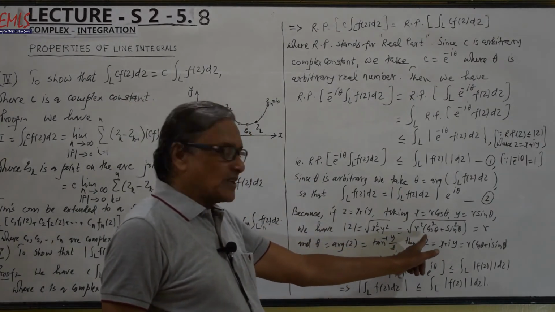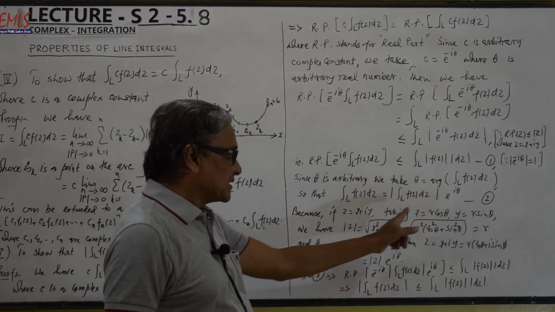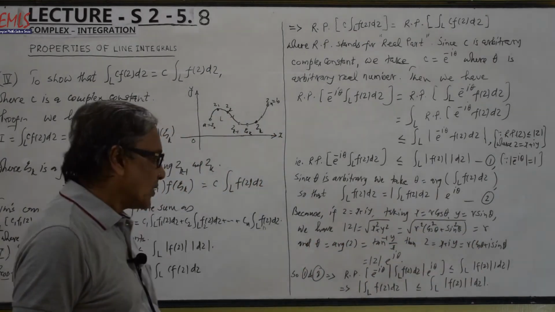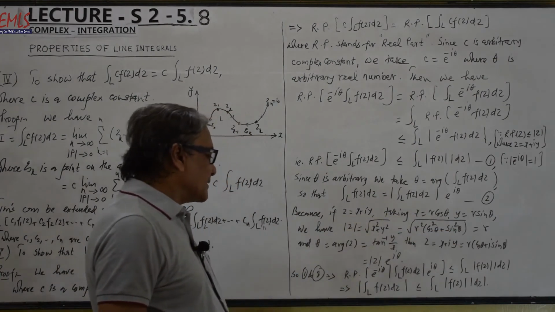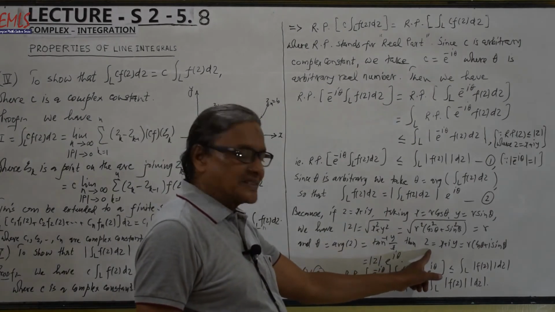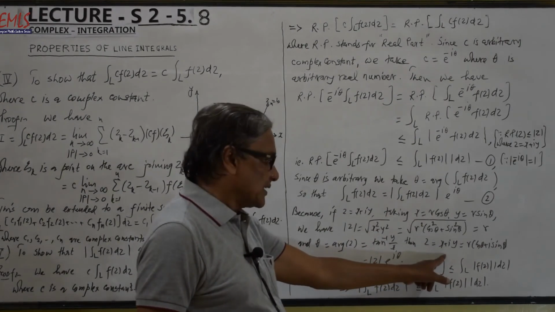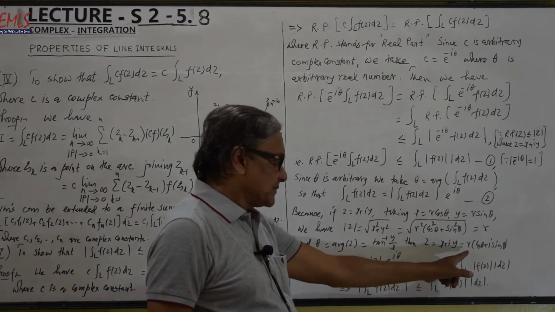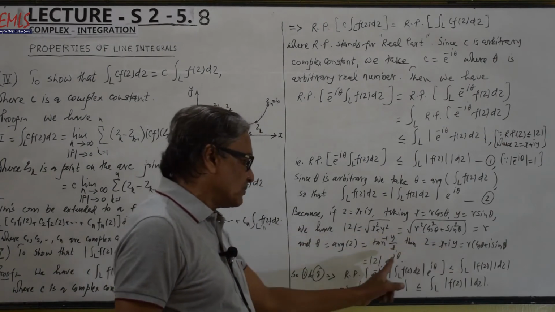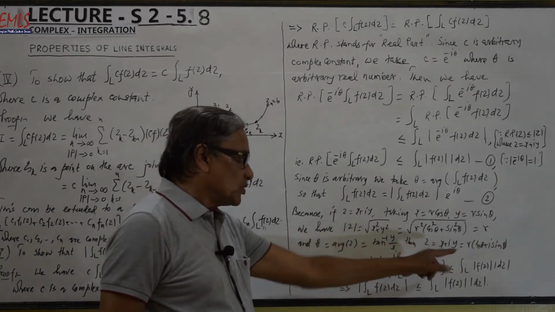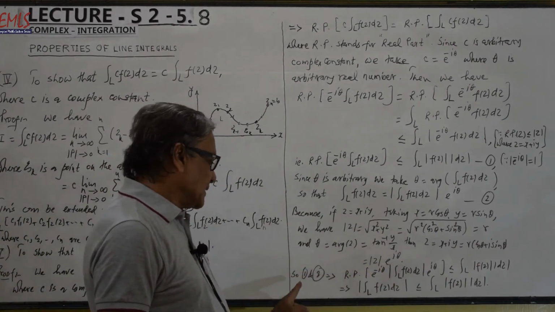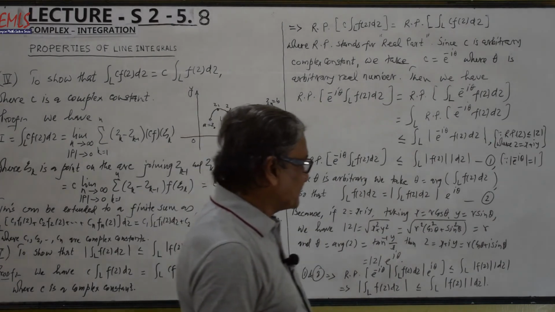This will be equal to root over r squared, putting values of x and y, x is r cos theta, y is r sin theta. So we get mod z is r, and theta equal to argument of z, which is tan inverse y upon x. Then z, which is equal to x plus iy, putting these values of x and y, will be equal to r times cos theta plus i sin theta, that is, this r is actually mod of z, and cos theta plus i sin theta is e to power i theta. So call this number 2.